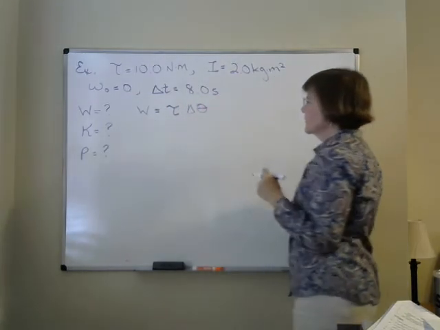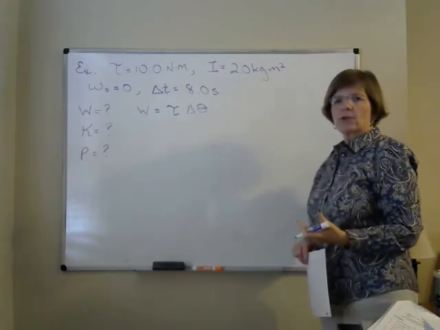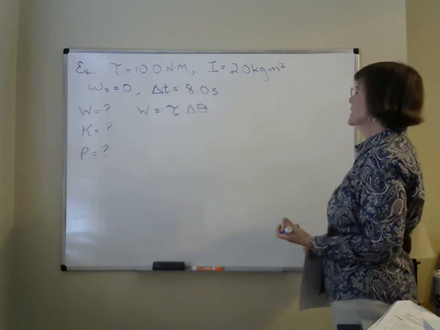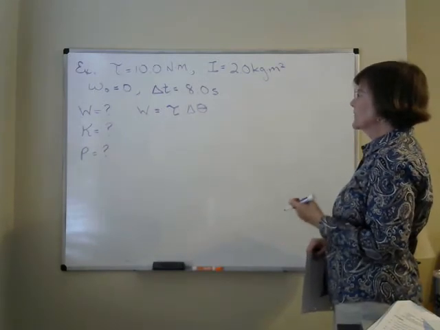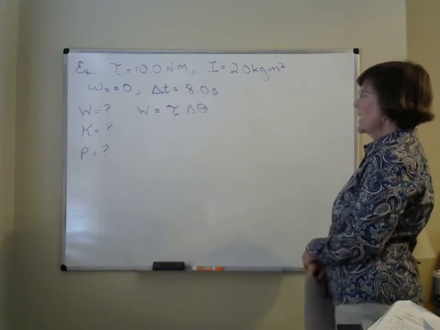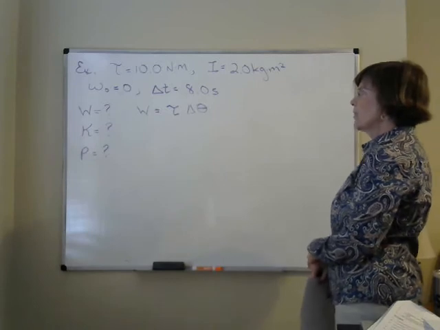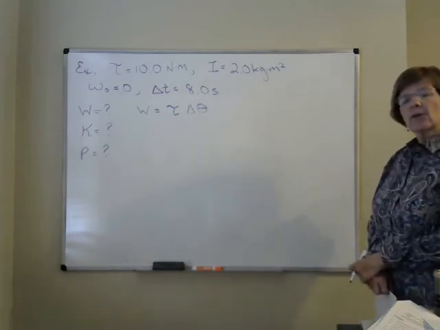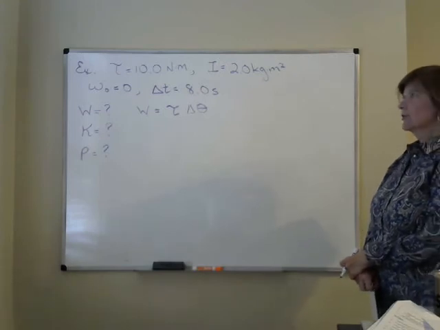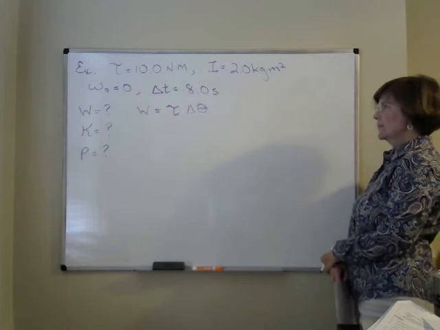So I think the first thing we want to know is if this disk starts from rest, how fast will it be going if it has a constant torque? How many angles will it go through? We better start with what we have enough information to figure out. They don't tell me the angular acceleration, but they definitely make that one an easy one to figure out.